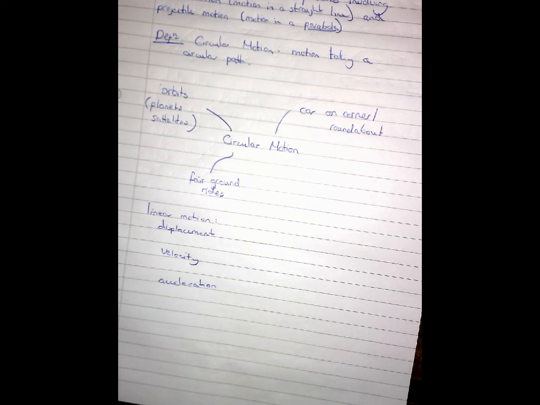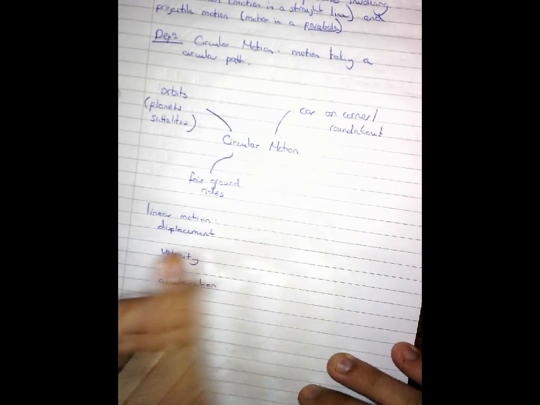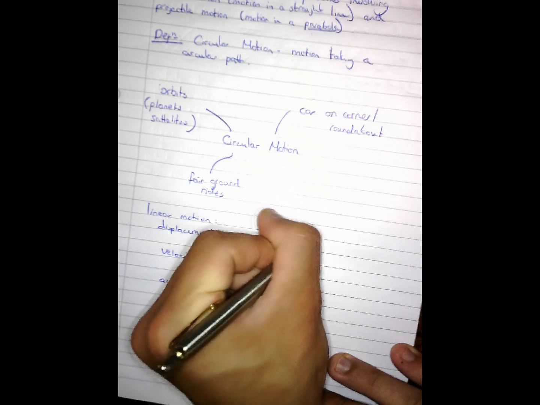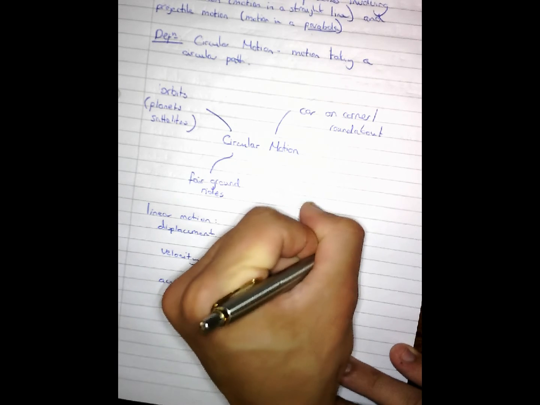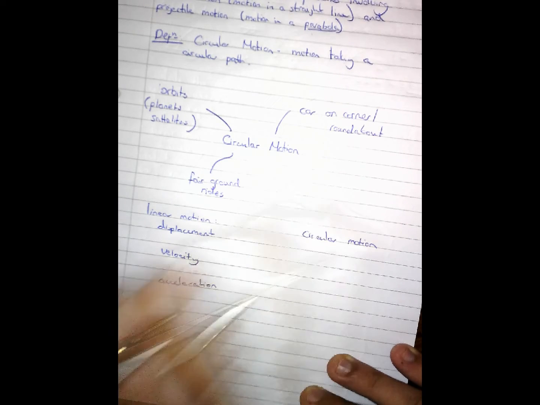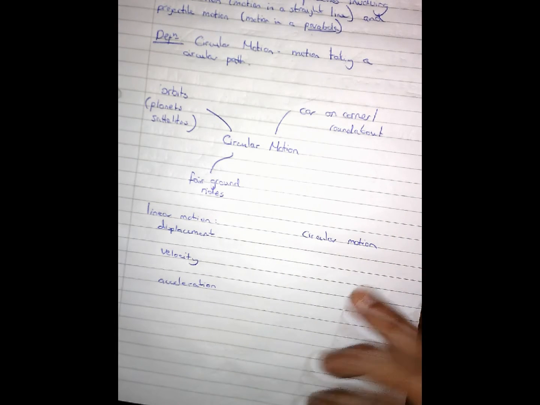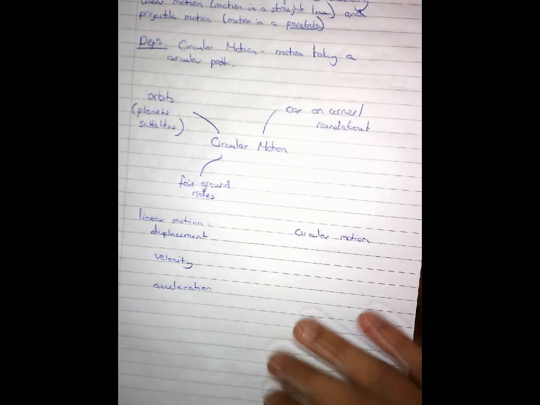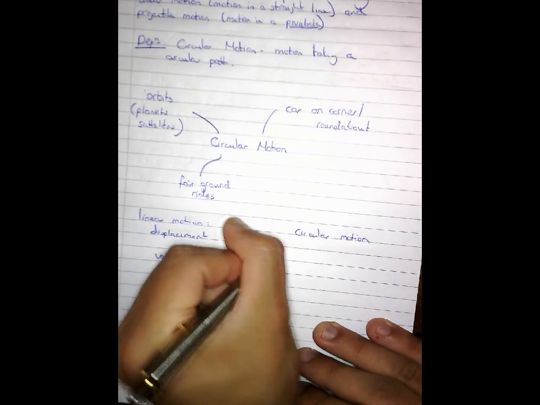And the purpose of these definitions is to make it easier for us to describe objects undergoing circular motion. So we've had these things for linear motion. For circular motion, we can define three more things.